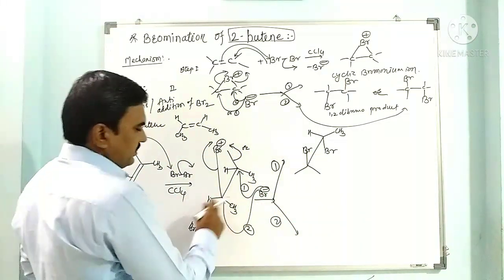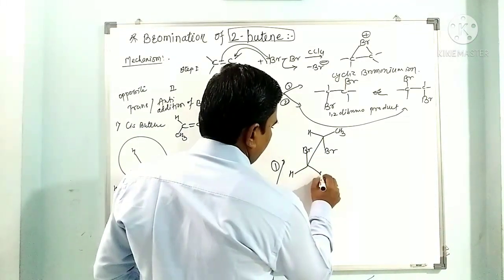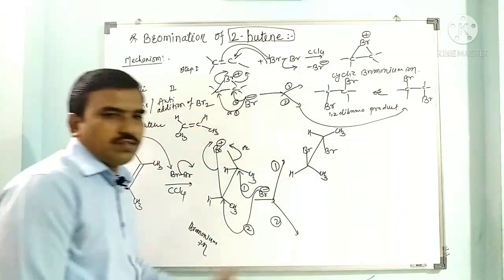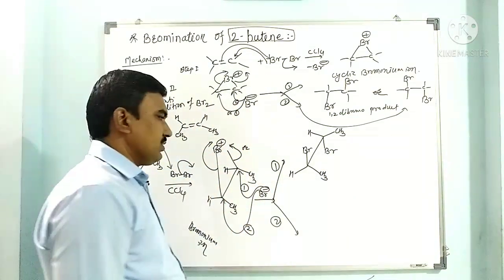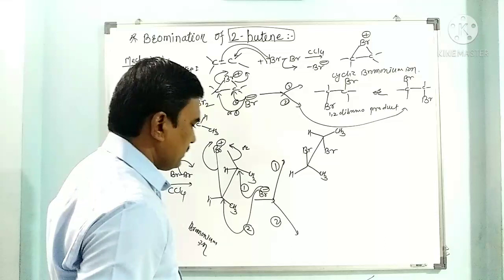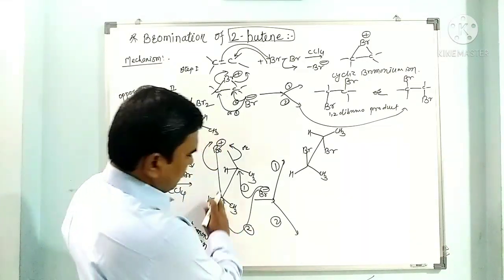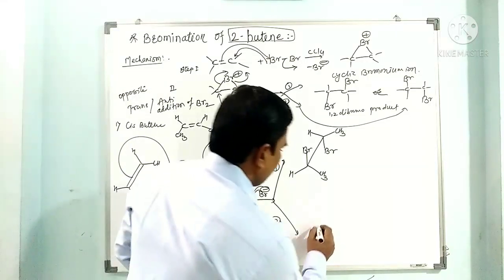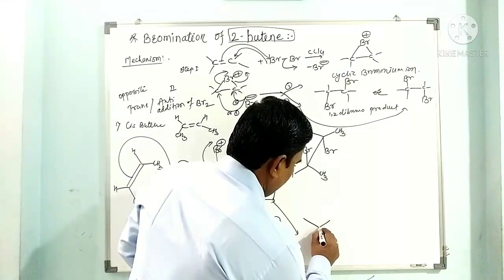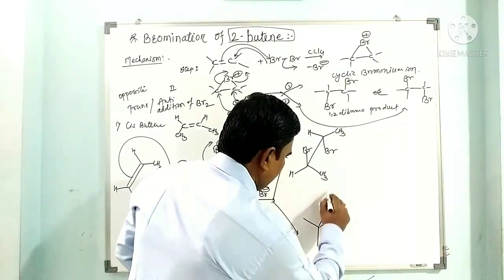Here there is an H and CH3. Now this is the one stereoisomer, and from this possibility, when the bromide attacks on this carbon, this is taking the lower or downside position.